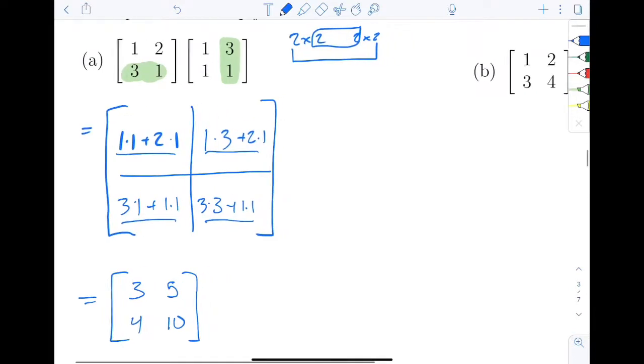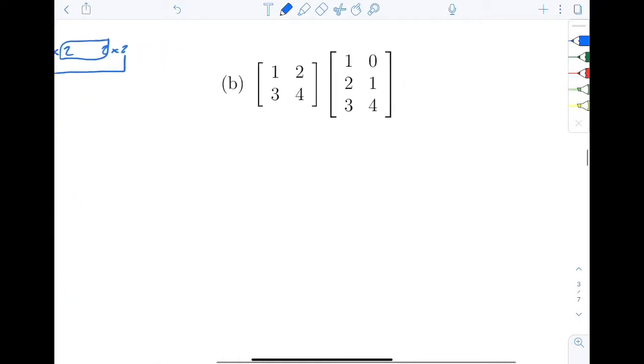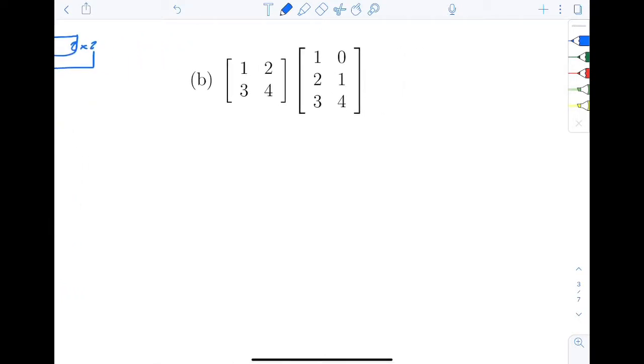Let's move on to B here, and I'm going to illustrate something with B. So B is a 2 by 2 times a 3 by 2. Notice that these don't match, so we're not supposed to be able to multiply these, and let's just see what would happen if we try. If I try and do the dot product of the first row and first column, what do I end up with?